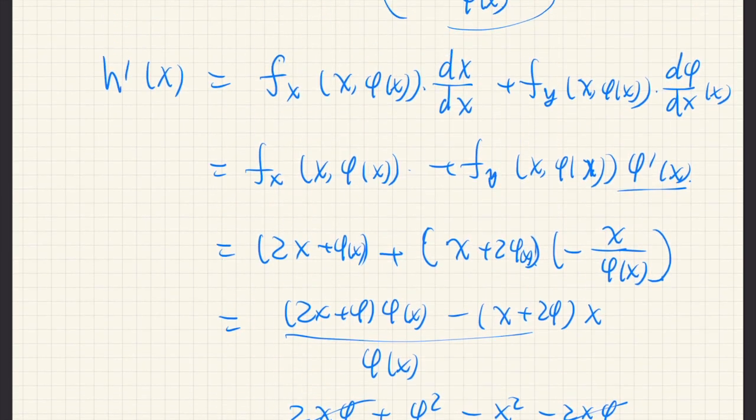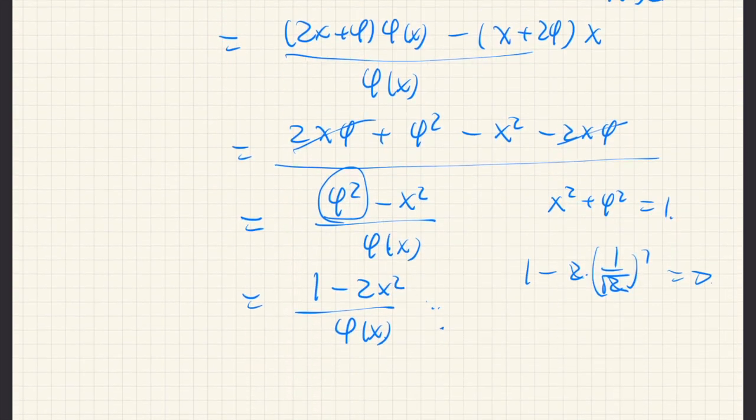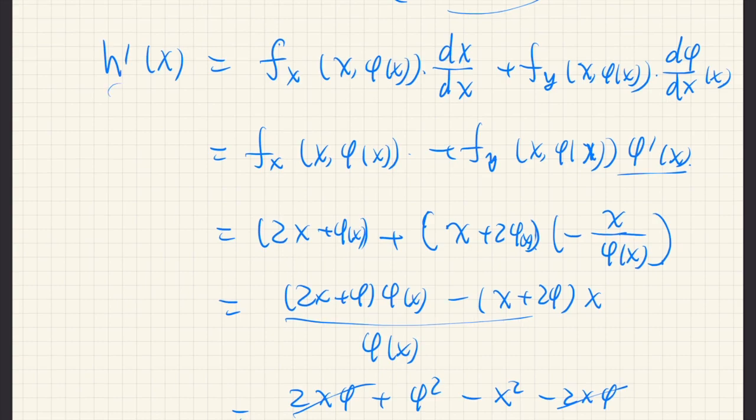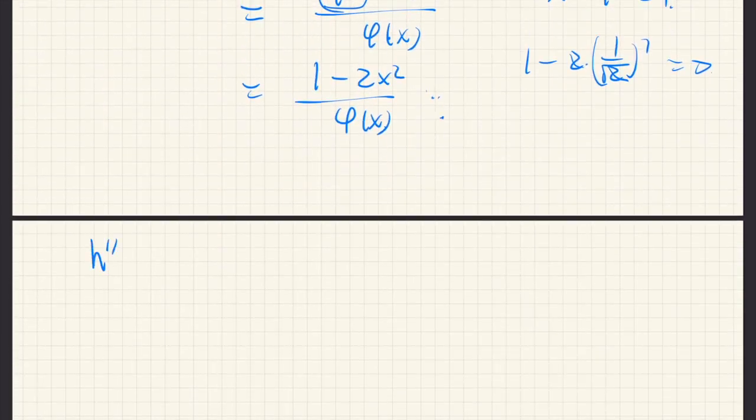Now, to decide whether these points are maximum or minimum, we need to differentiate this function again. So let's do it. So h double prime is equal to, so differentiate this one.